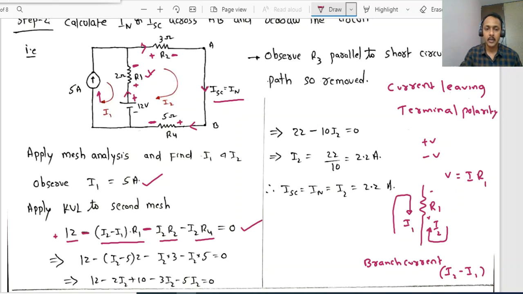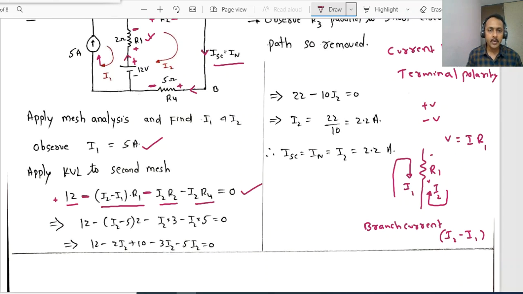Clear? Right. Now, since we already know I1, if we simplify this, in the place of R1 substitute 2, R2 equal to 3, R4 is 5, 22 minus 10 I2 equal to 0, right? I2 equal to 22 by 10. Now, I2 is nothing but 2.2 amps.